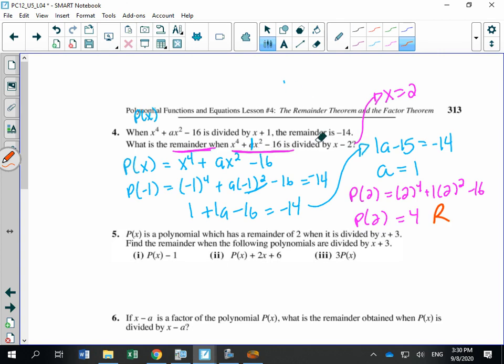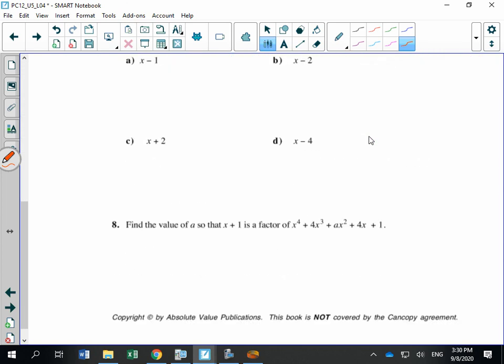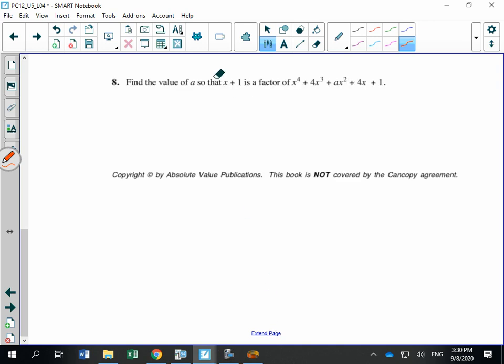Okay, let's do question 8. The 3 that I'm going to do are very similar to this. So number 8, find the value of a so that x minus 1 is a factor. So remember that if it's a factor from the factor theorem, p of a is equal to 0.